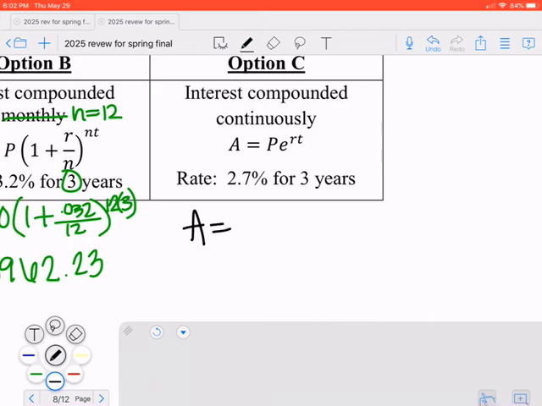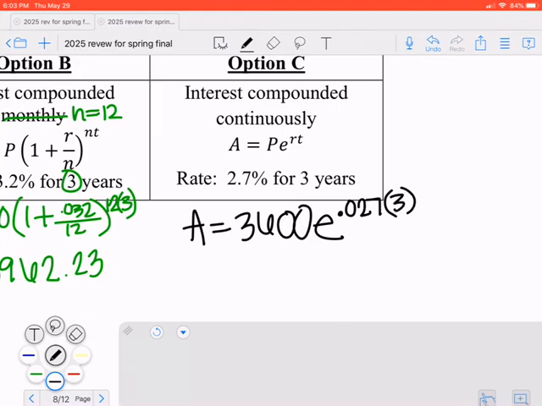And the final one, A is equal to, so it's compounded continuously, so that has a different formula. It's got the e in it. Remember, e just means 2 point something. It's a constant, like pi is a constant. So P is 3,600 times e to the power of r, which is 0.027, times t, time is 3 years.